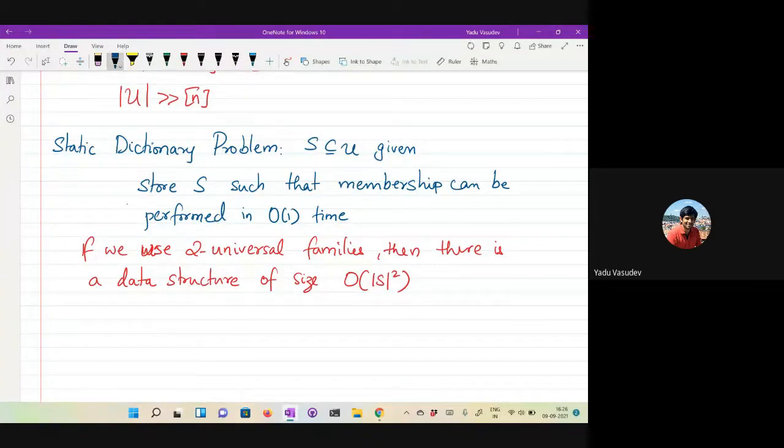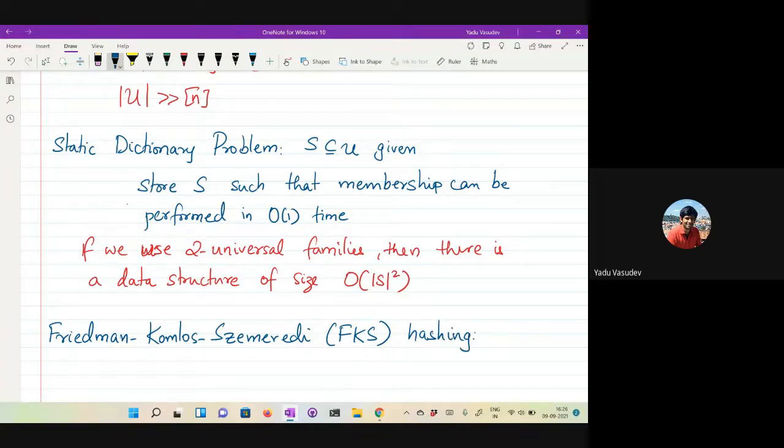Okay, so we will just briefly describe it right now and then do the analysis and so on maybe in the next class. This is the method of Friedman, Komlos, and Szemeredi, called FKS hashing.